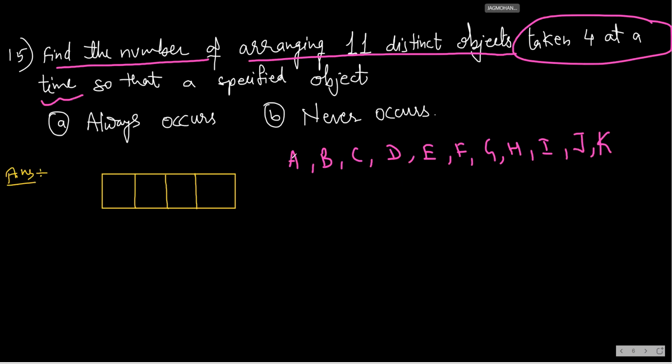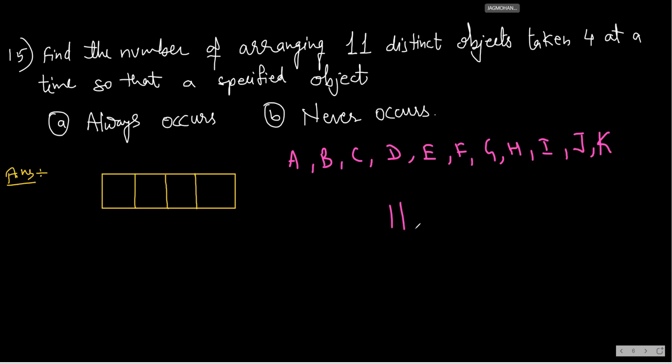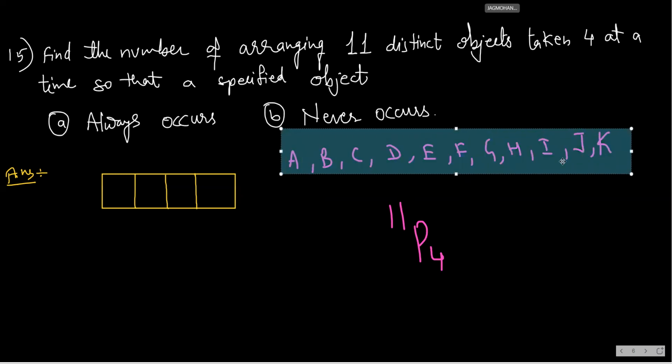If there had been no condition, we would have done 11P4. But here there is a condition. They are saying that amongst these 11 objects, one object will always occur.